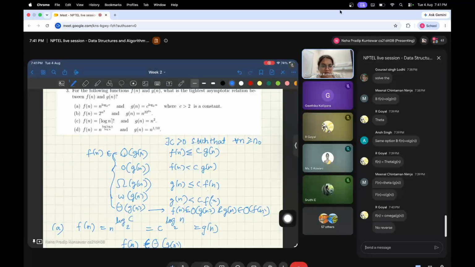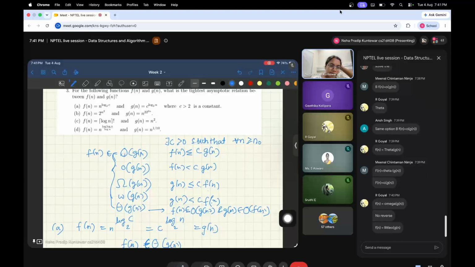Okay, what about others? I see some answers which say theta, some answers that say little o. Okay, both are saying little o. So between f of n and g of n, which is intuitively a larger function?